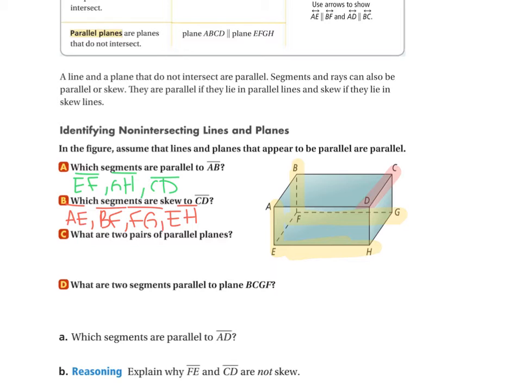Okay, what are the 2 pairs of parallel planes? Let's see if I can get all this erased. That would be the top and bottom. There are more than 1 or 2 pairs, but the top and bottom would be plane ABC and plane EFG. Remember, you have to have the word plane and then 3 letters on that plane.